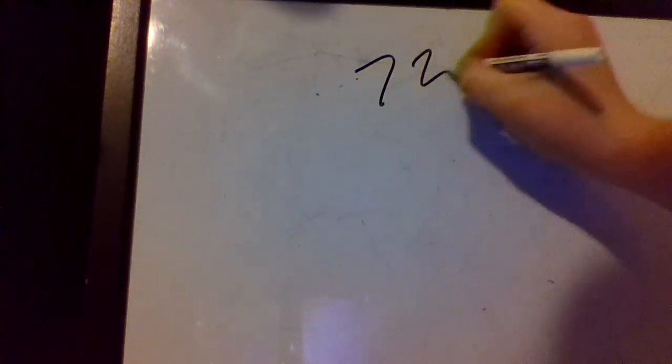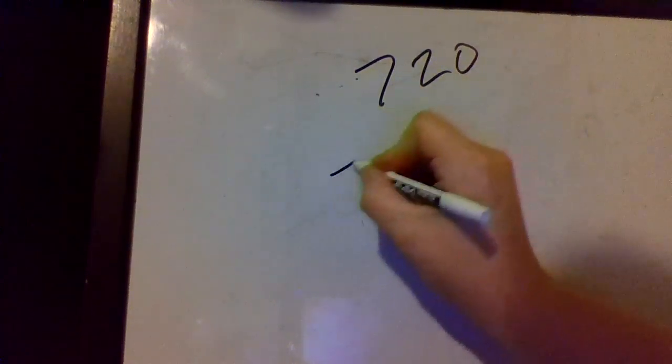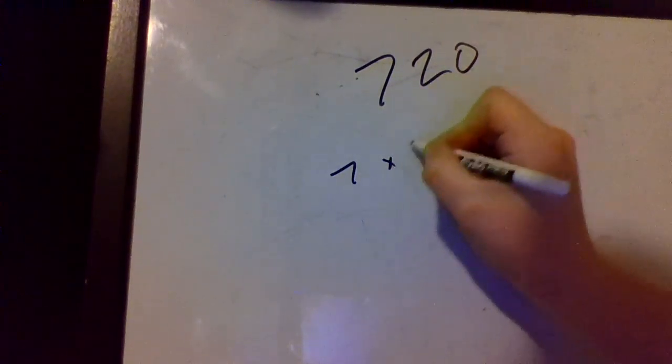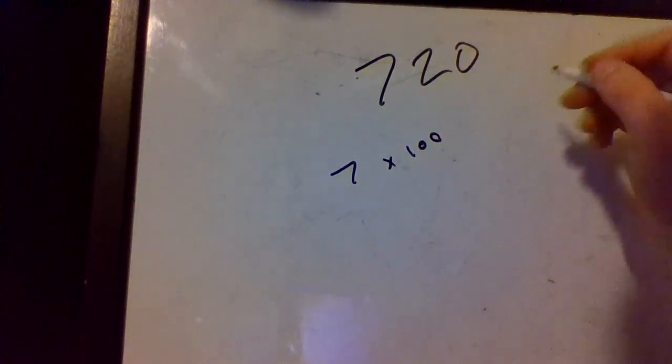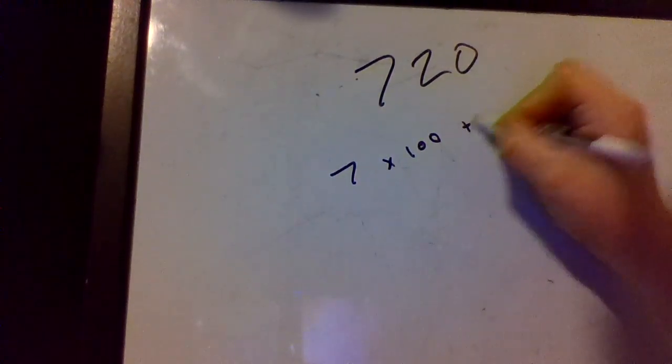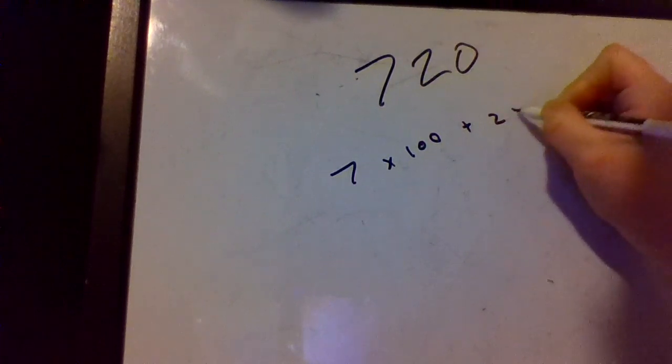Now, to take that concept and shift the 0, consequently, if we had something like 720, we would have 7 groups of 100 and 2 groups of 10.